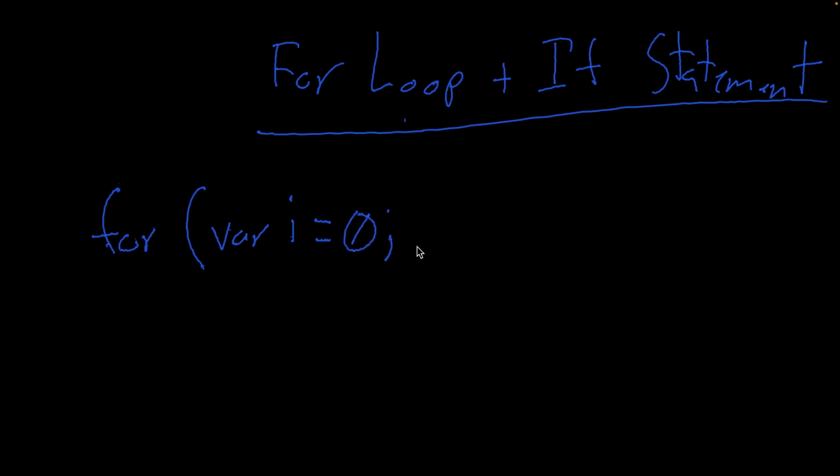Okay, var i equals 0, and while i is less than, let's say less than 4, i plus plus, simple for loop. Okay, and then we'll end the for loop down here.